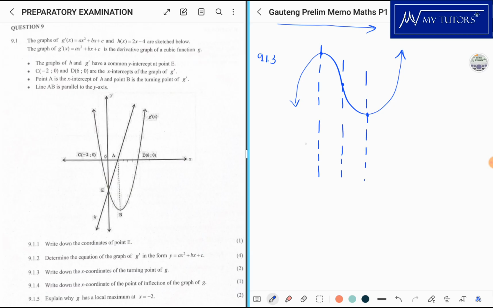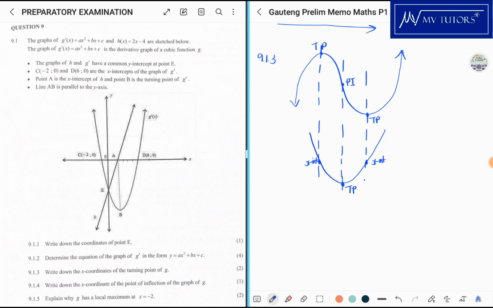So basically we now have our parabola, this being the x-intercepts and that being the turning point. That's the x-intercept, turning point, that's the point of inflection.